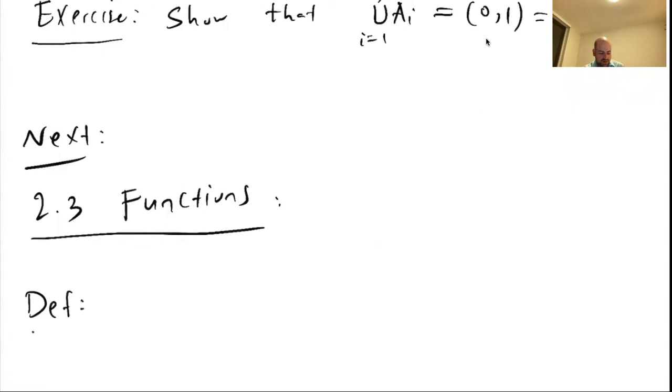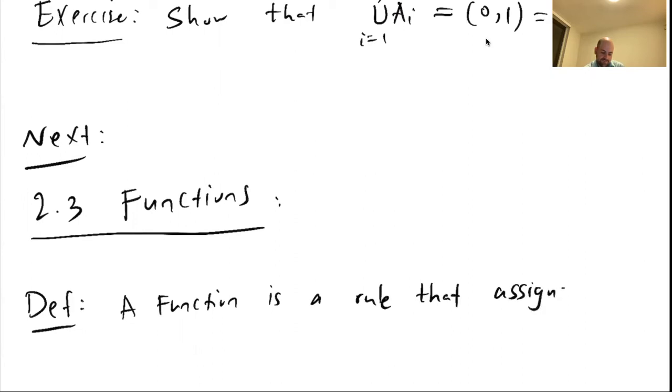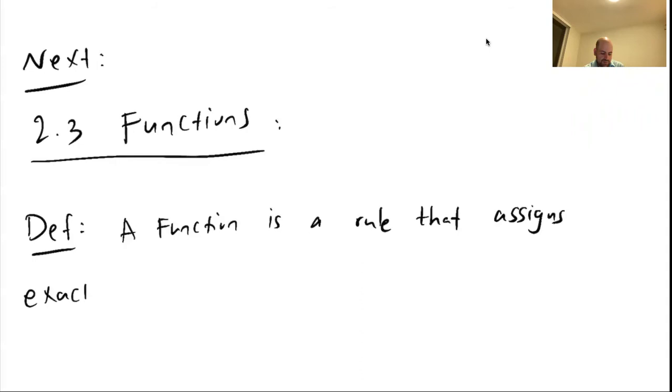So definition, a function is a rule that assigns exactly one output to every input. So each function, as you know, has inputs and outputs, and it has to assign exactly one output to each input. In other words, it's not allowed to assign two outputs to one input.